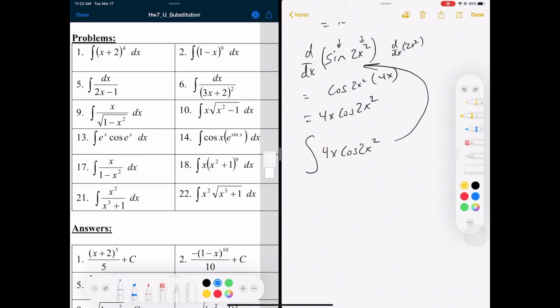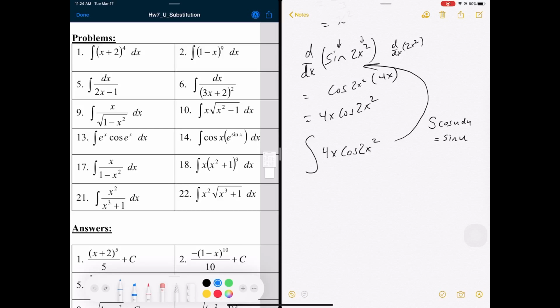What you're given in your integral sheet is a set of basic rules. You have the integral of cosine of u du is equal to sine of u. That's what you're given.